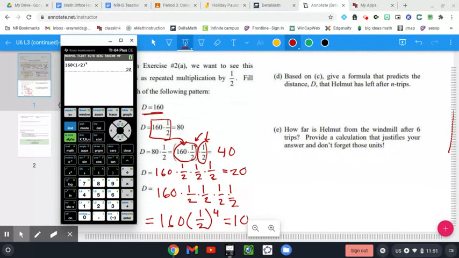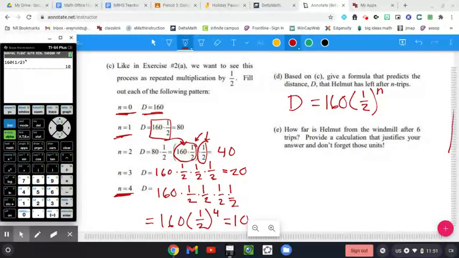So let's write a general formula. So the distance from the windmill is equal to 160 times 1/2 raised to the n power. N represents the number of trips we have taken, right? Because on the fourth trip, we raised it to the fourth power. On the third trip, we had 3 of these. On the second trip, we had 2 of these.